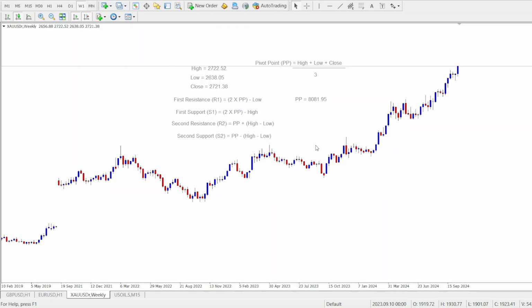Now we're just going to calculate the first resistance. So we have a pivot point multiplied by 2 minus the low, 2638.05. Oh, sorry, I made a mistake. We're supposed to divide this sum of high plus low plus close by 3.